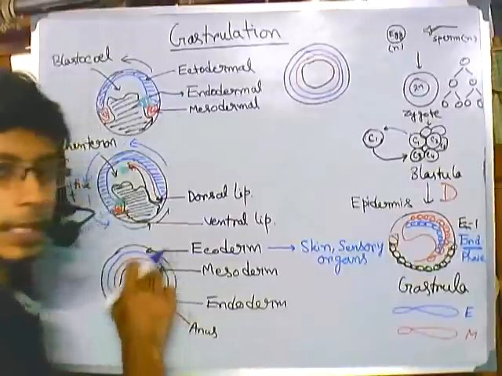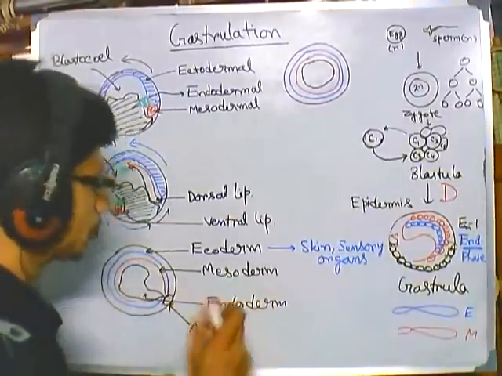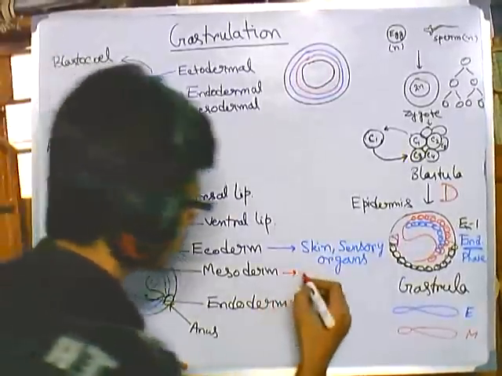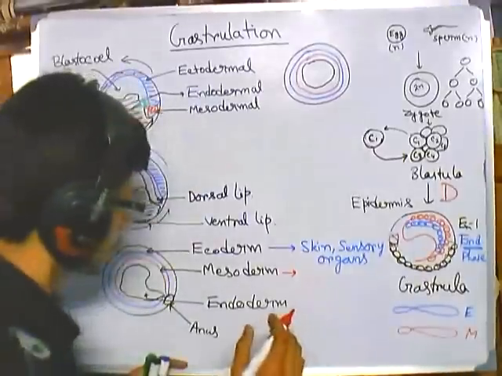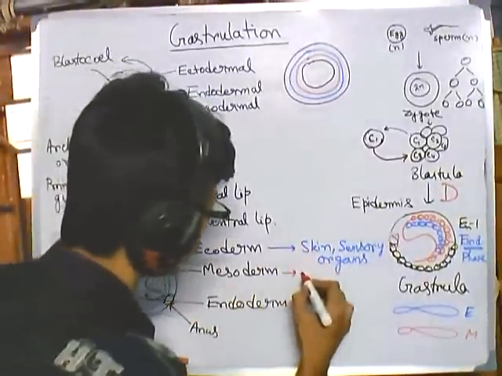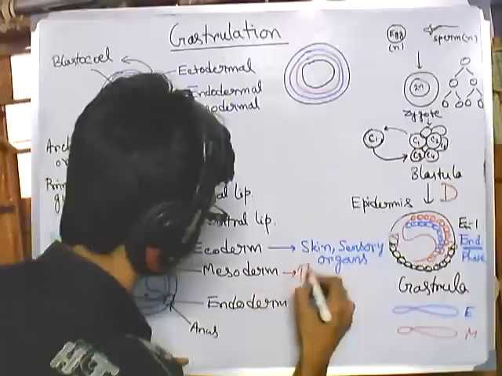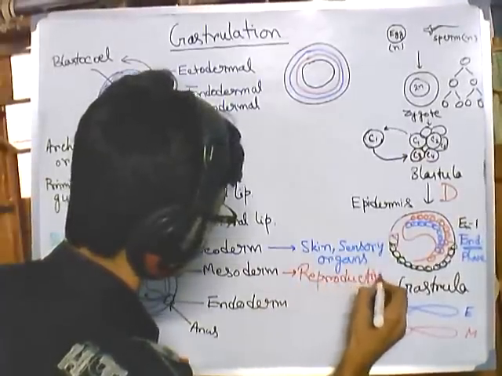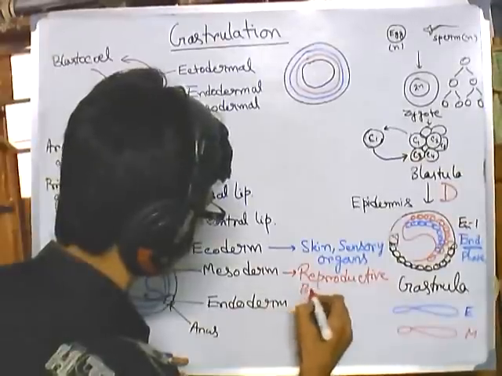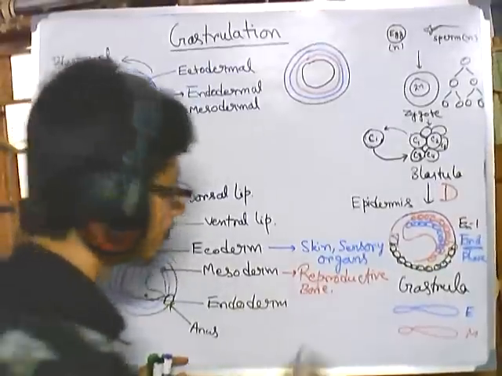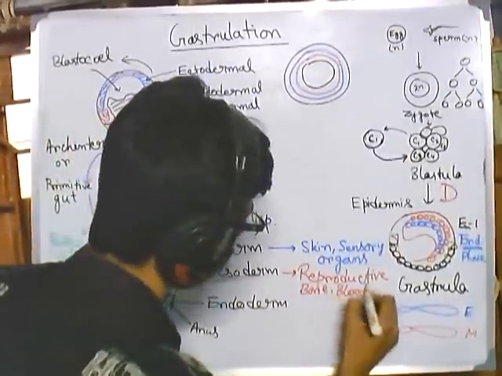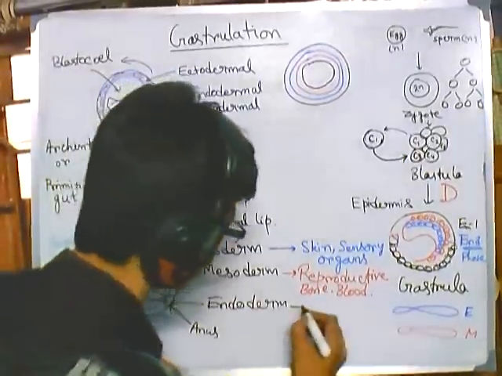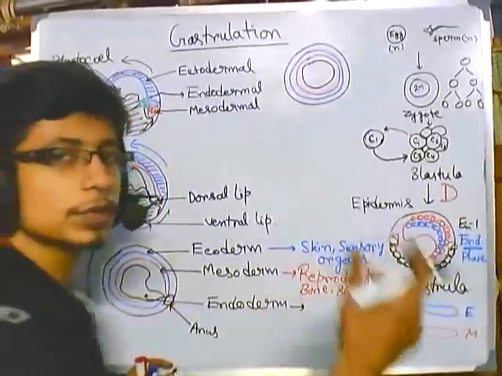Mesodermal cells, which are in the red color here, will give rise to the reproductive system, bone system, and also the blood circulation system.